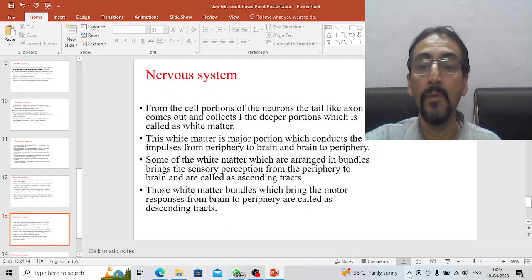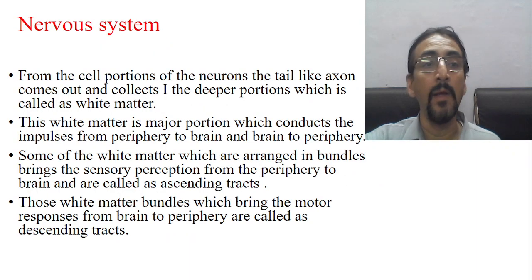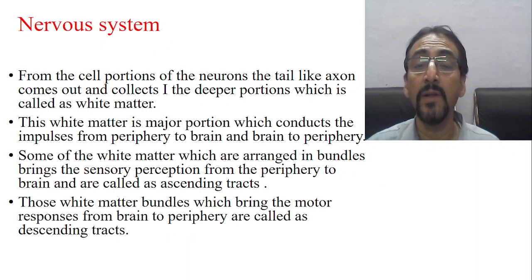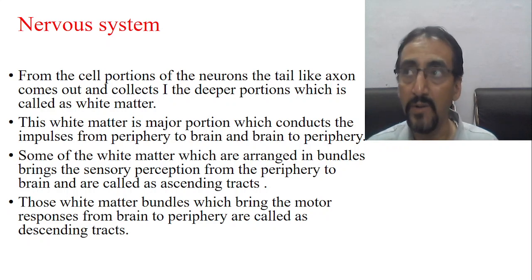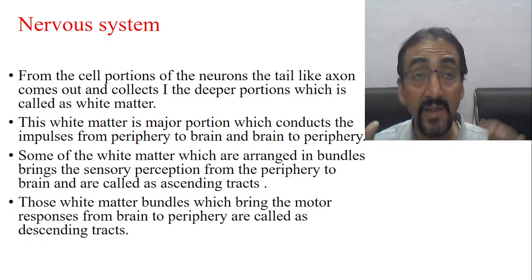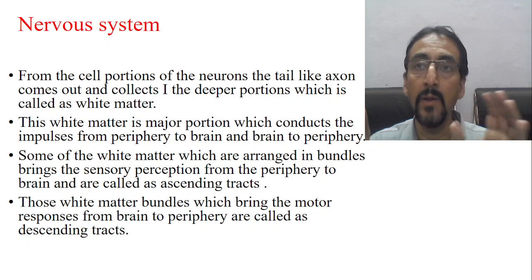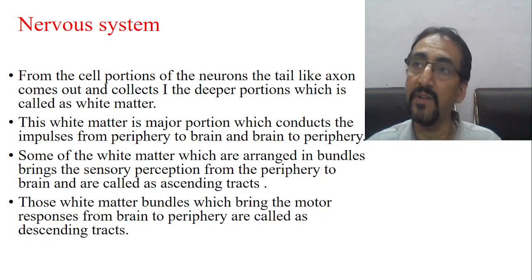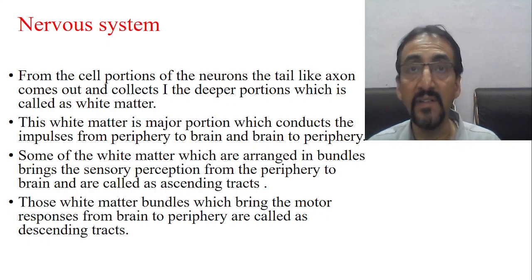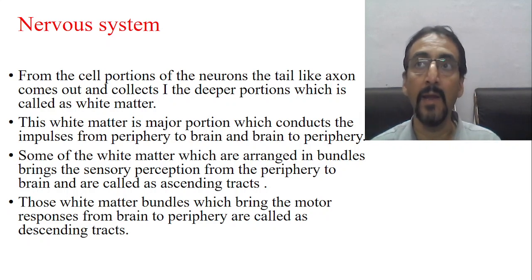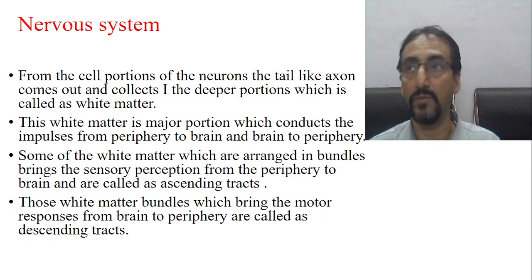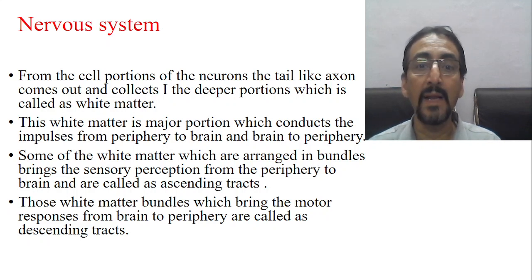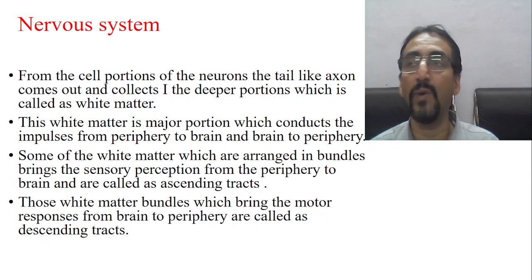Now from the cell portions of the neurons, the tail-like axon starts. Now we will talk about white matter. So inside the brain, gray matter is present outside and white matter is present inside. In the spinal cord, white matter is present outside and gray matter is present inside. This is a difference. Okay, so now from the cell portions of the neurons, the tail-like axon comes out and collects in the deeper portions, which is called white matter.